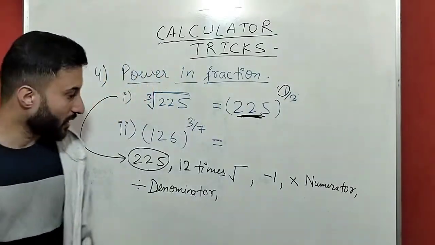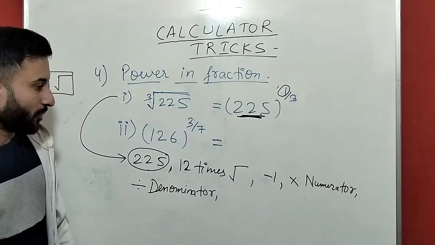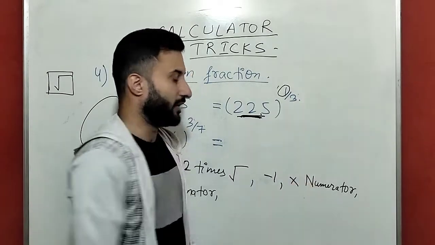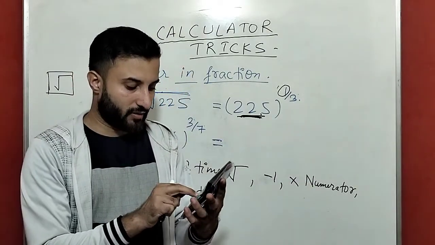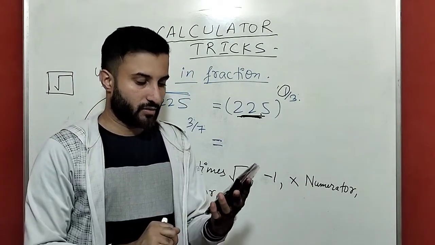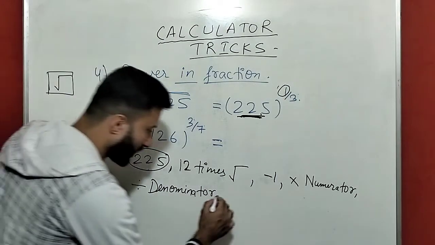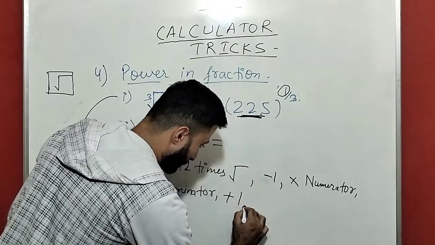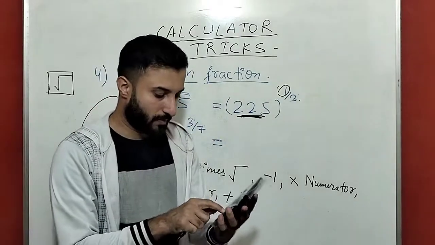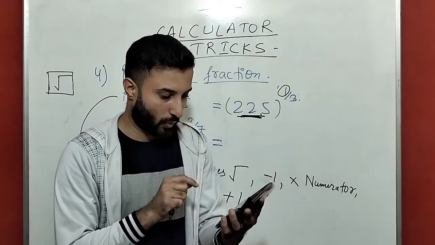So divide with the denominator. Denominator is 3, so I will divide with 3. Then whatever you are getting, add plus 1, equal.